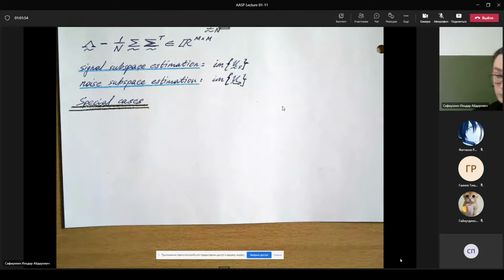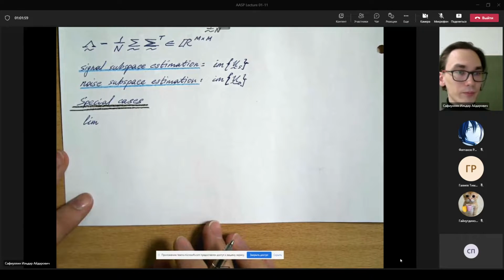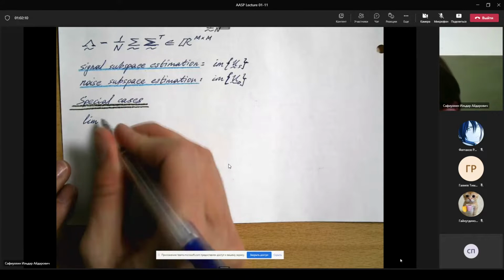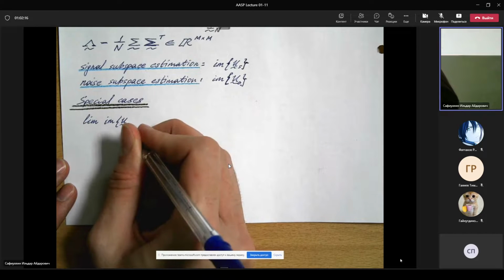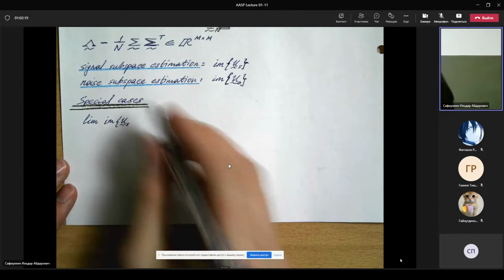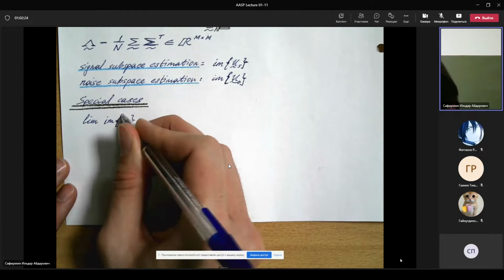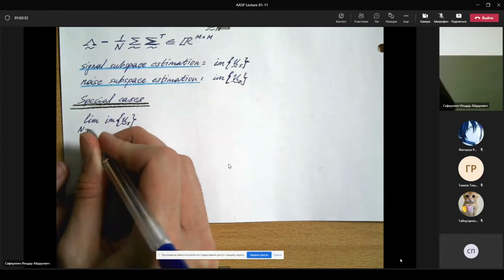So if we assume lim for image of U with small s, so without these two lines in the top and in the bottom. And here we assume for this special case that the number of time snapshots goes to infinity.